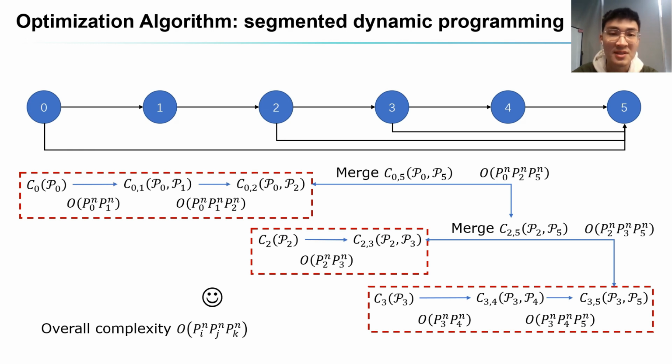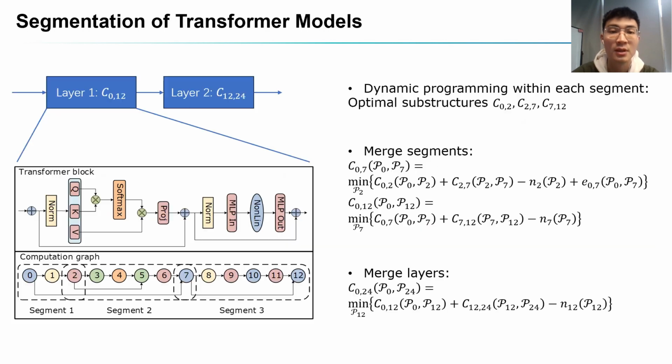The segments were selected such that within each segment, at most two operators' partition states need to be kept in the optimal substructure, namely the first operator and the operator at the current iteration step. Optimal substructure of segments can be tractably merged to compute larger scope substructures.